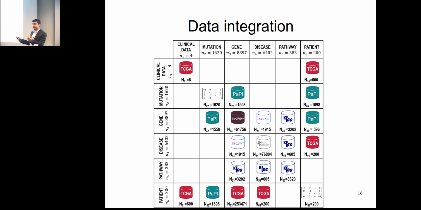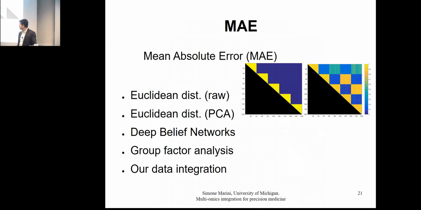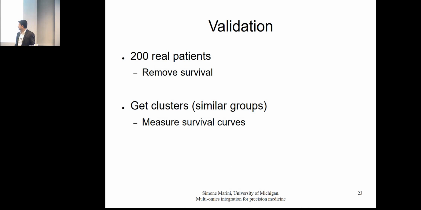So the data sources can be both direct and indirect. Okay. So if I'm talking about pathways, here we didn't put anything for the pathways, but we could have.